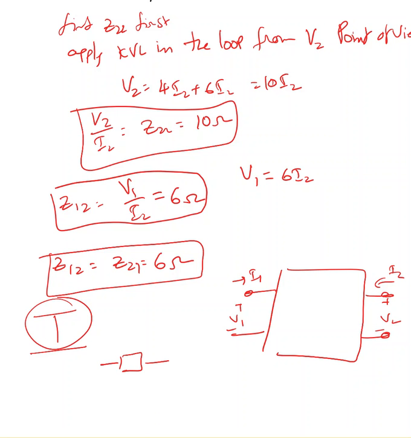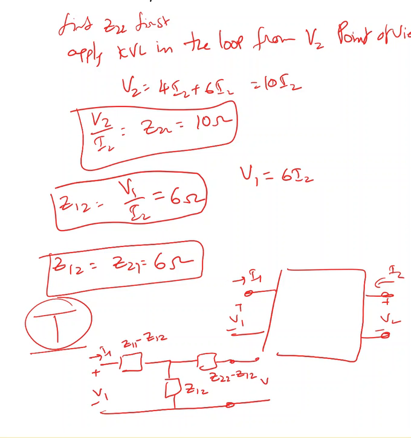To write down the T model, here are the parameters I'm going to have. This is inside the black box. This parameter is going to be Z11 minus Z12. This is Z12. This is going to be Z22 minus Z12. So this is inside the black box, and still I have I1, V1, V2 and I2.